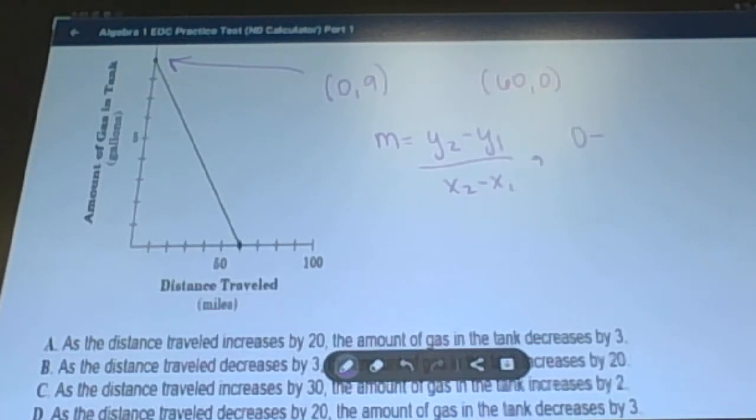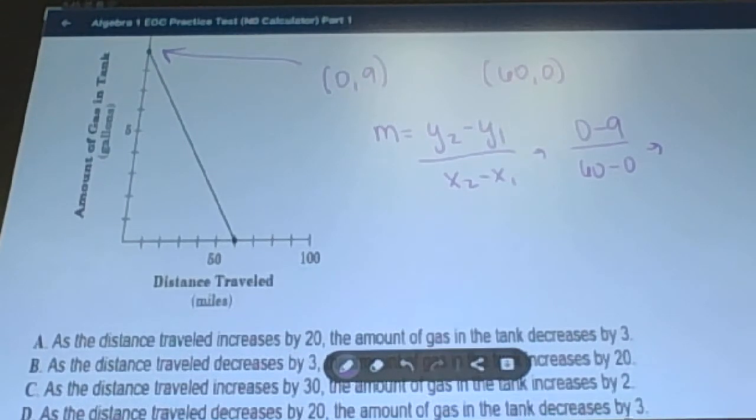It would be 0 minus 9 over 60 minus 0. Negative 9 over 60. And those both reduce by 3. So that's down 3 over 20. This is going down 1, 2, 3 over 20.